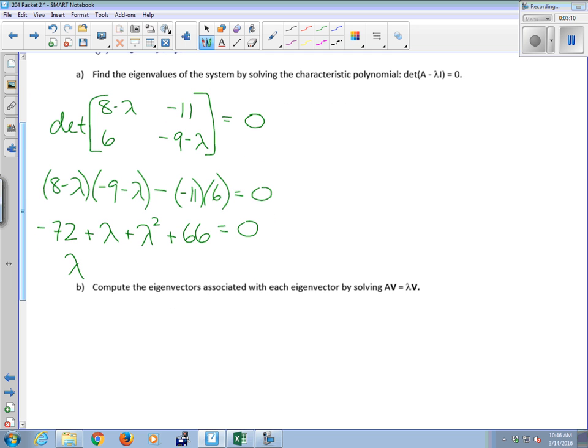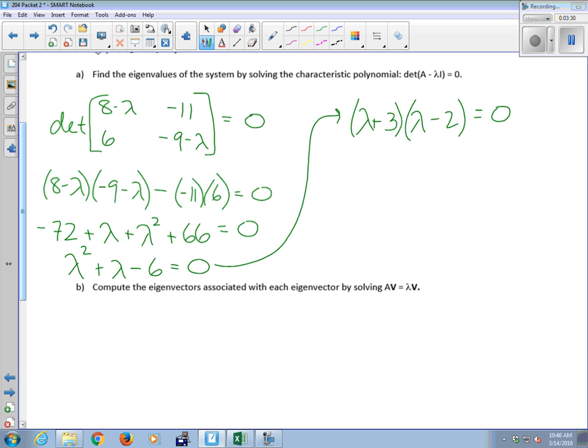Simplify and I get lambda squared plus lambda minus 6 equals 0, and that'll factor. So that's lambda plus 3, lambda minus 2, equals 0.